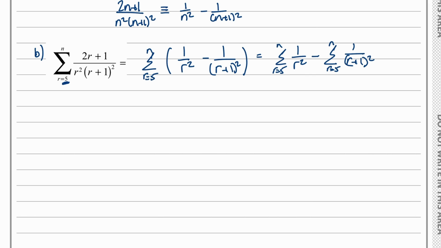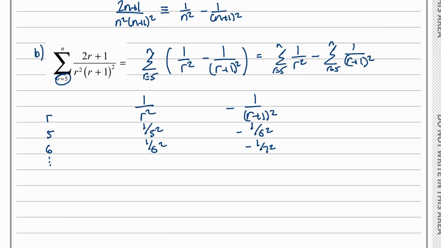Now we can break this down using a table. So we've got our r, we've got 1 over r squared, and we've got minus 1 over r plus 1 squared. And we're starting when r equals 5. So when r does equal 5, we'll have 1 over 5 squared minus 1 over 5 plus 1 squared. We'll have r equals 6, 1 over 6 squared minus 1 over 7 squared.